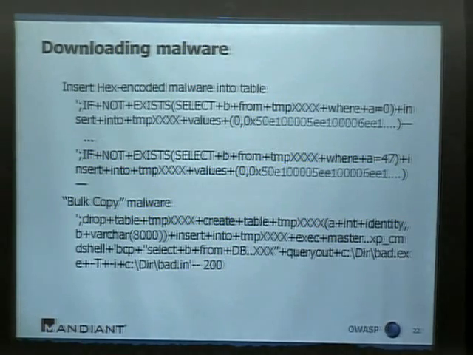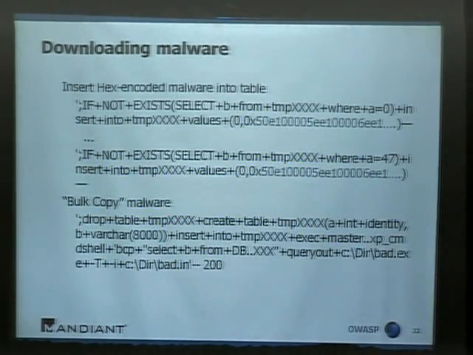So here is an example of malware being input into the table. Essentially what they're doing is hex encoding the malware, splitting it into different fields, and storing those fields in a table. There is a typo here. I've actually replicated the values, but the hex values are actually different across the 48 fields in this instance.